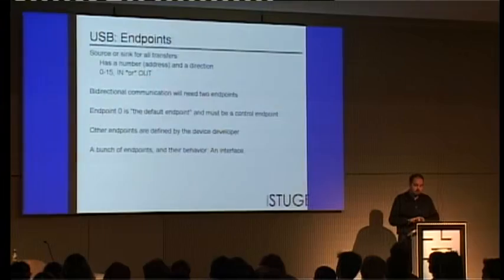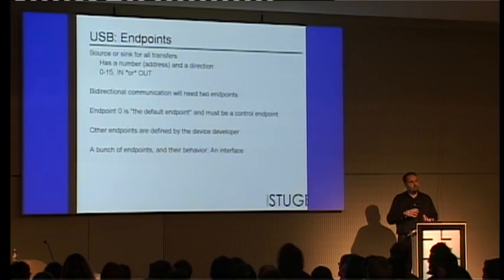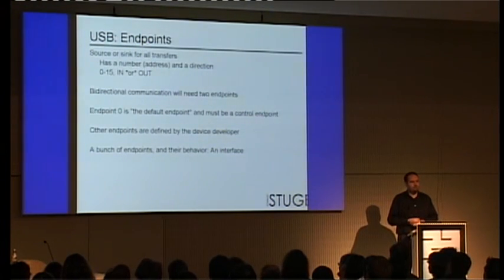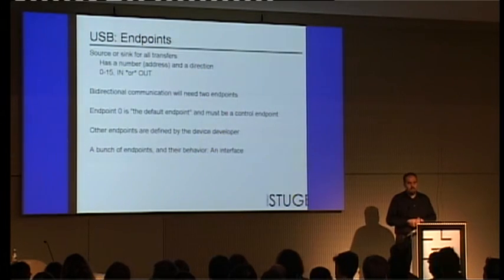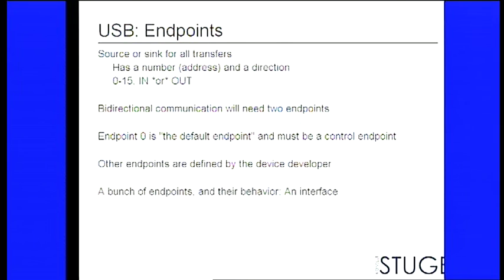Endpoints, big important thing. This is what originates or receives all transfers, all data transfer to and from devices go over endpoints. Each endpoint has a number and a direction, 0 to 15, and in or out, not really complicated.